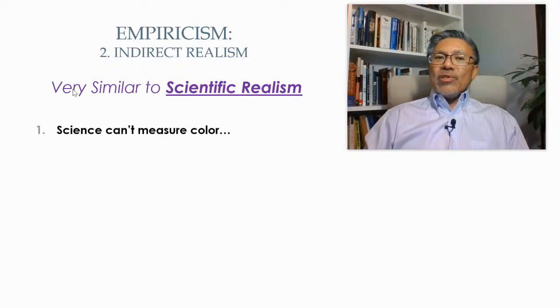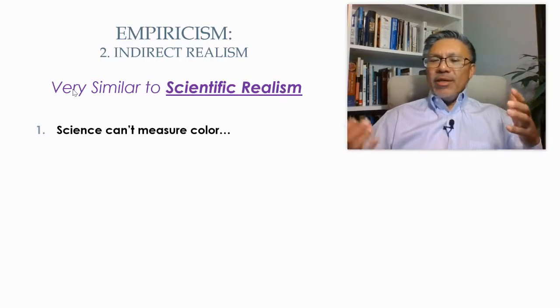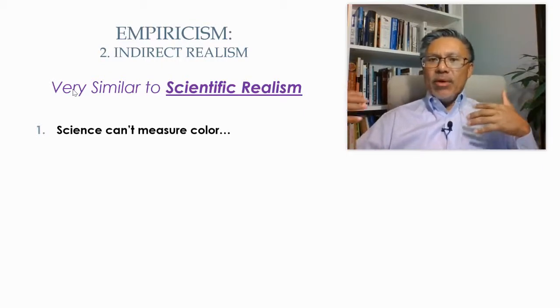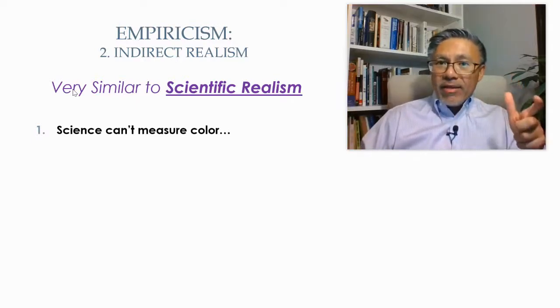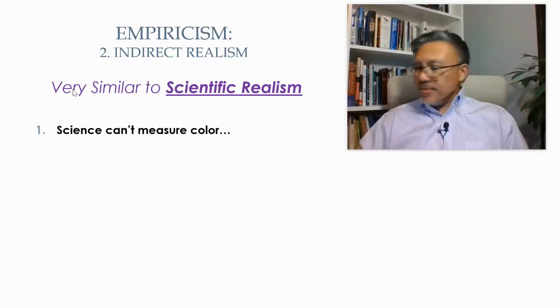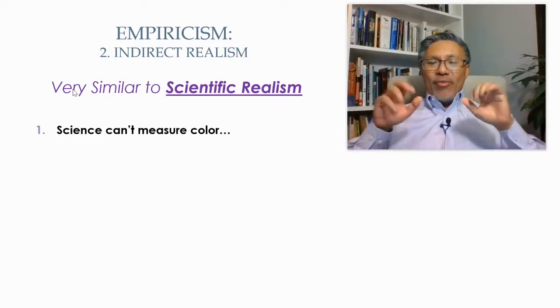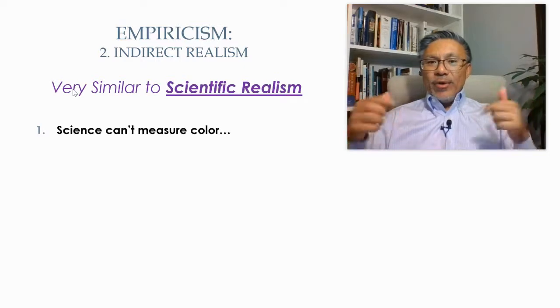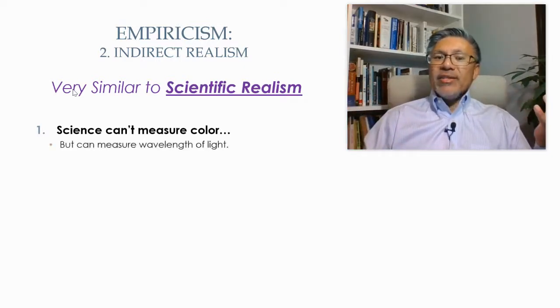So science can't really measure color, right? Because color is how something is experienced by people. What we can do is we can measure a wavelength, right? So if light is hitting my shirt right now, the light is going to bounce off of my shirt and into your eye. Well, that light, we can measure the electromagnetic wavelength of it, right?